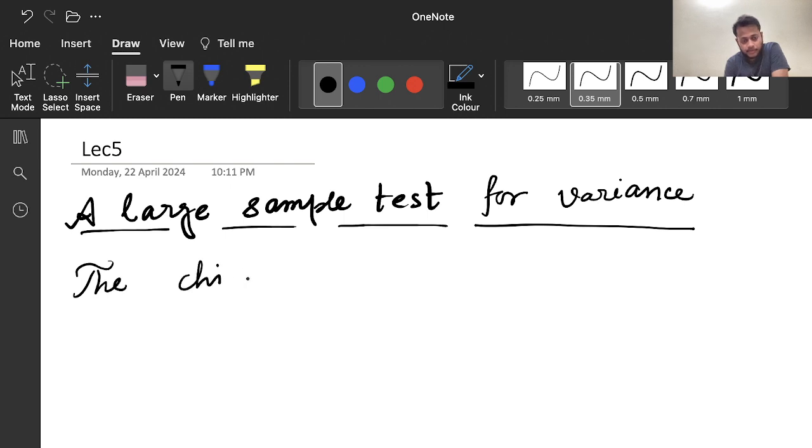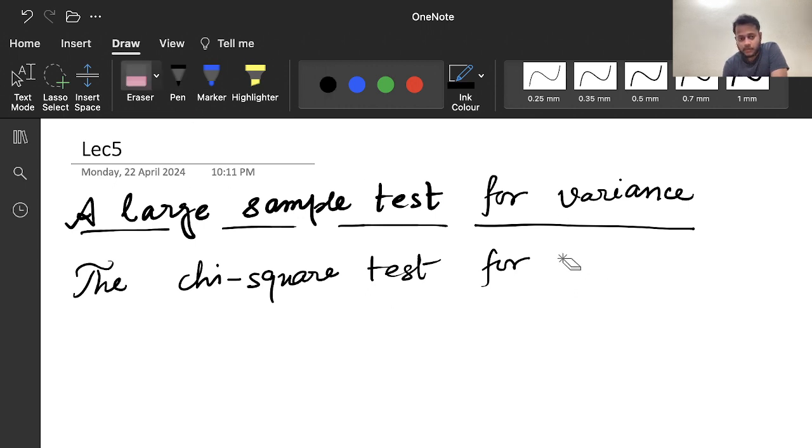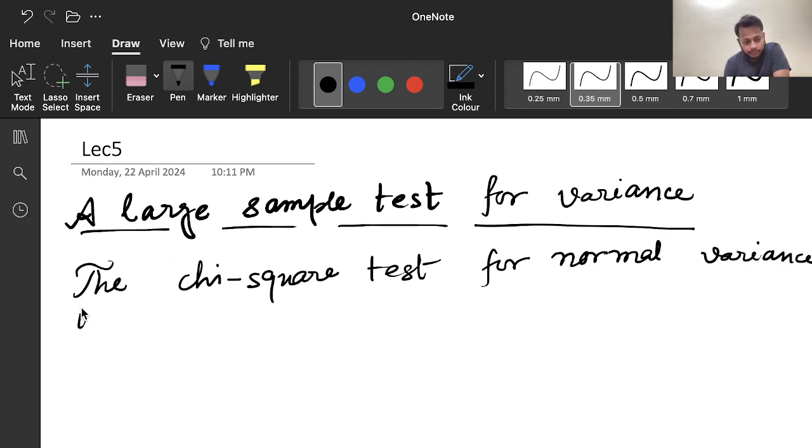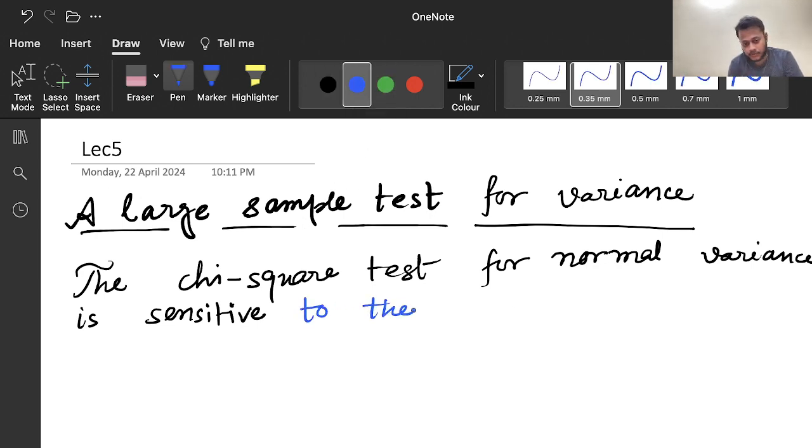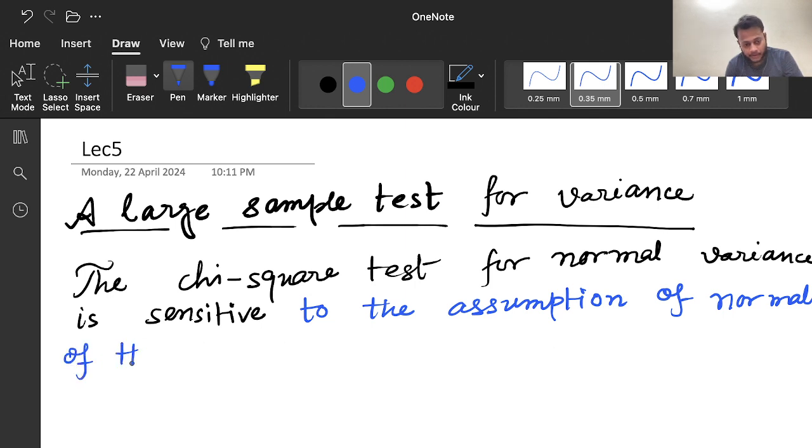The chi-square test for normal variance is sensitive to the assumption of normality of the underlying population.